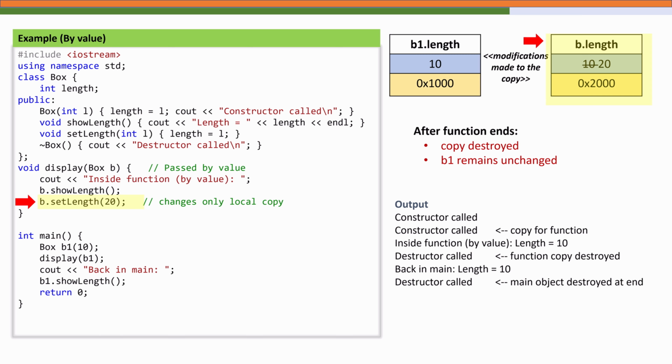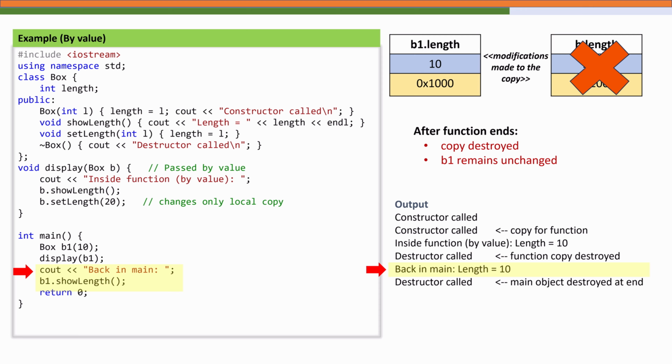After the function ends, the copied object goes out of scope, so its destructor runs and frees that temporary memory. Then when we return to the main function and print the length again, we see that b1 still has its original length of 10. So all the modifications are made to the copy, not to the original one.